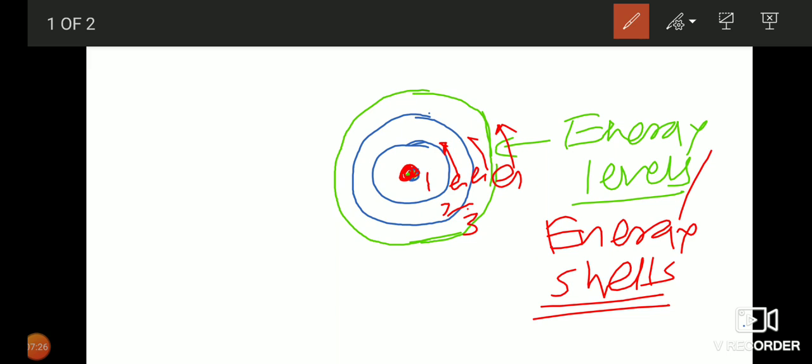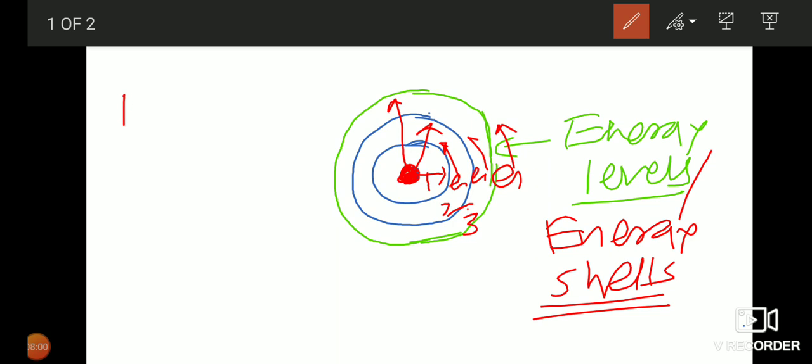So my question is, suppose you consider the first shell. The nuclear force of attraction on the electrons is very high in the first shell, correct, as the shell is very close to the nucleus. While in the second and third cases, the distance increases, so the force of attraction decreases.